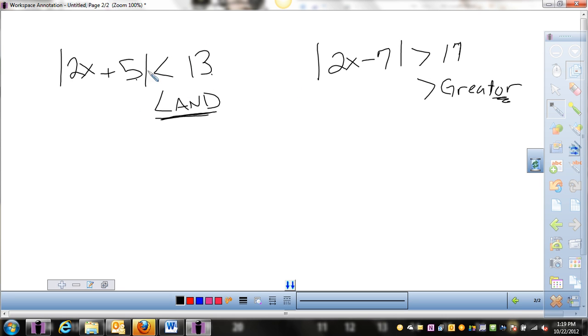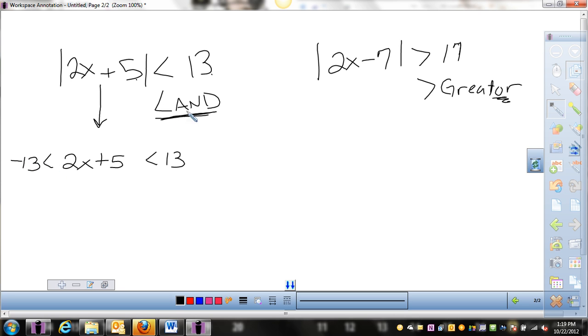The easiest way, I think, to do that is turn this into a compound inequality. Since it's an and, we're going to shade the overlap in between. So whenever I see an absolute value, I drop it down: 2x plus 5 has to be less than 13. Notice I dropped the absolute value bars because I'm also going to say it has to be greater than negative 13.